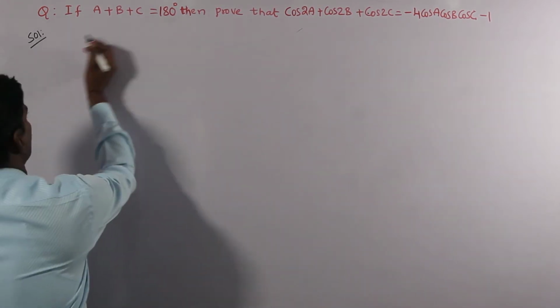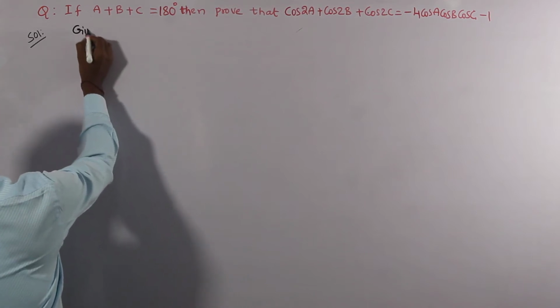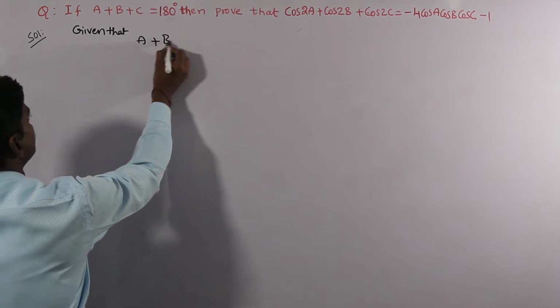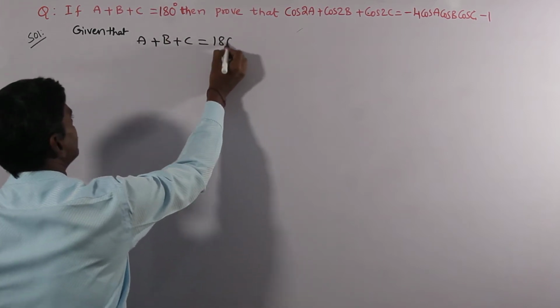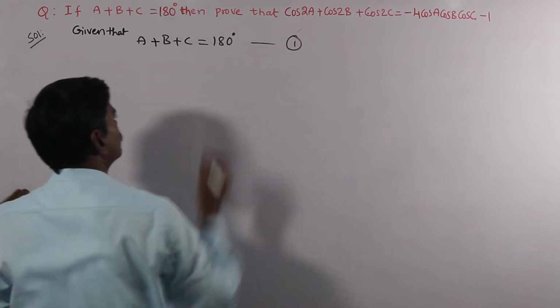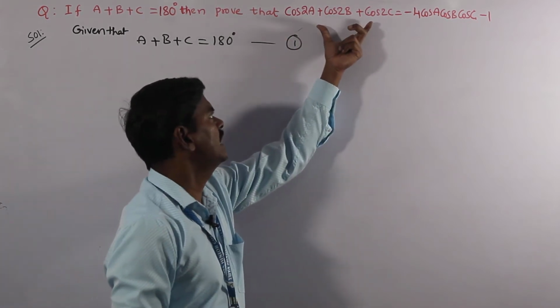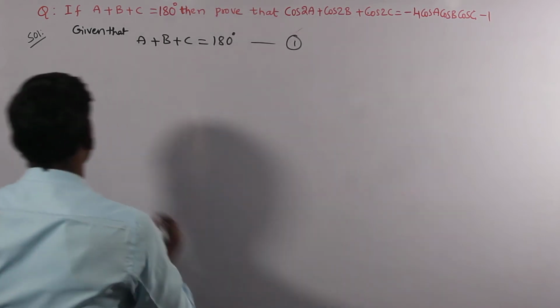So let us write the given condition first. Given that a plus b plus c equals 180 degrees, let it be equation number 1, which is useful in the further simplification process. So by taking LHS, we can prove RHS.